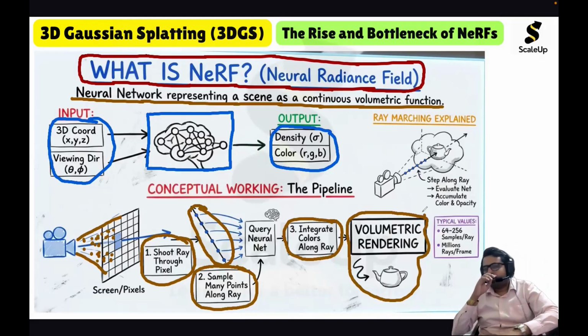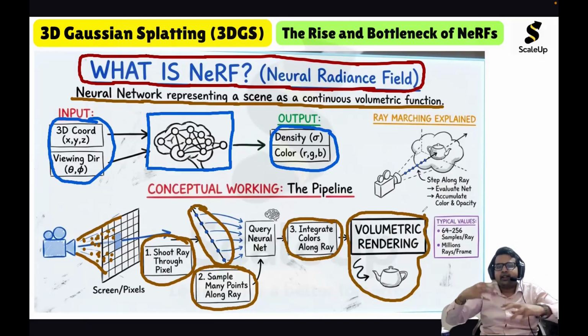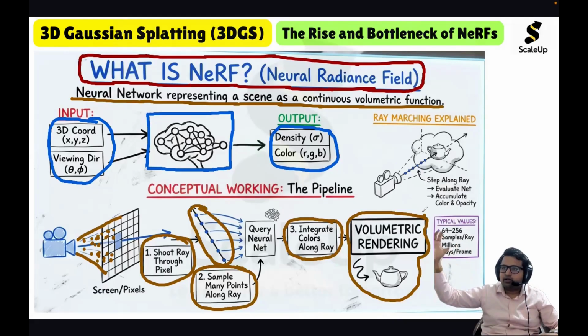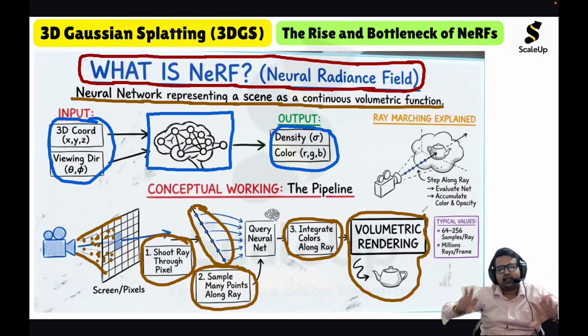And now the good thing is that, let us suppose while training the neural network, we only gave it certain camera angles like front, rear, 45-degree, 60-degree, for example.